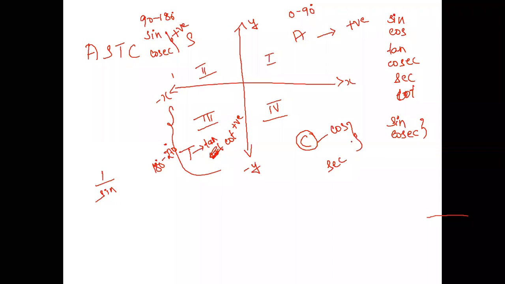What does the fourth quadrant say? Cos and secant are positive. In the fourth quadrant, the angle is between 270 degrees and 360 degrees. Good, Angel. So cos and secant are positive in this range, but all the other four trigonometric functions are negative. Okay, hope the ASTC rule is clear.